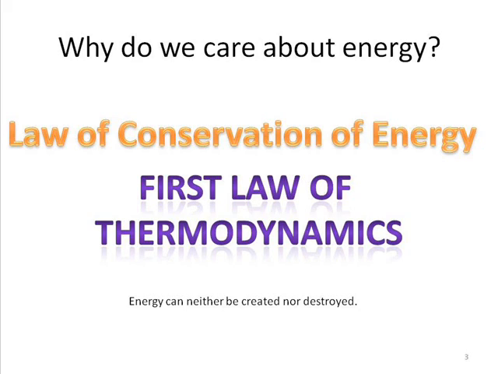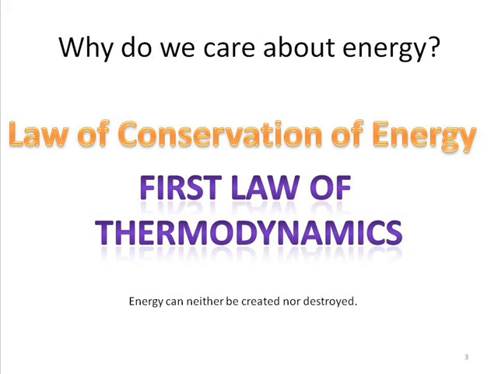Why do we care about energy? What's so special about this quantity that we would spend 2 whole chapters in the book going over it? Well, it turns out that energy is conserved. By conserved, we mean that no matter what happens to a particle in its future movement through space, the total quantity of energy associated with it is always constant.